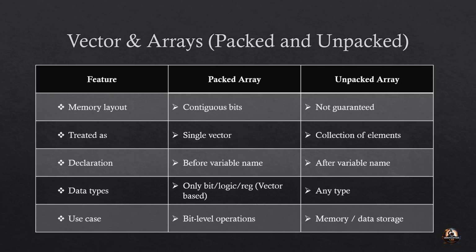As use cases, packed is for bit-level operations, while unpacked is for memory or data storage. So in summary, packed arrays behave like a single bus carrying multiple bits, while unpacked arrays behave like a collection of separate storage elements.